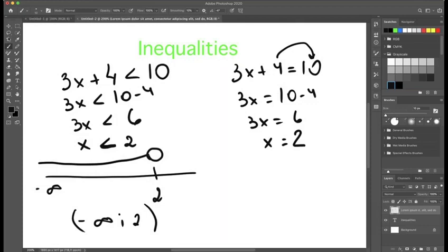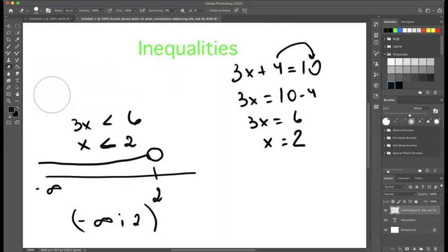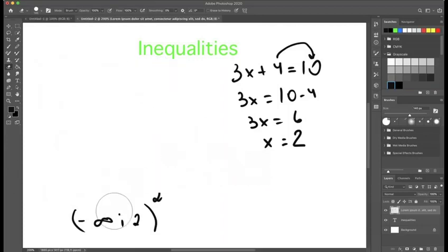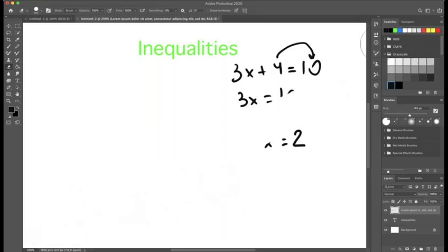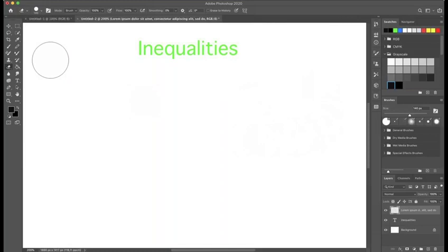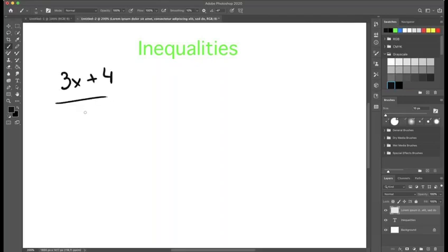Next example. For example, (3x plus 4) over 2 less or equal than 1 over 7.